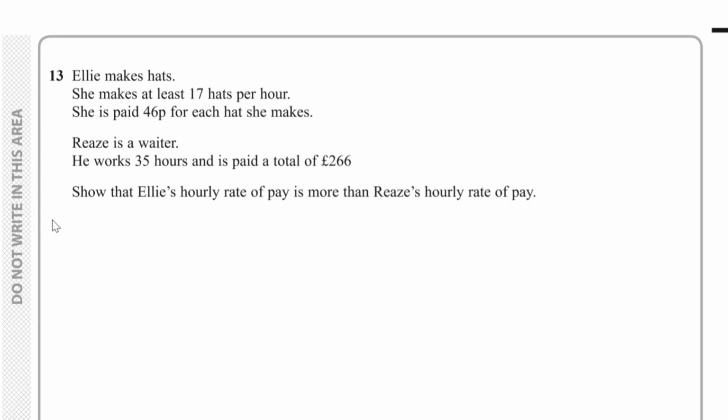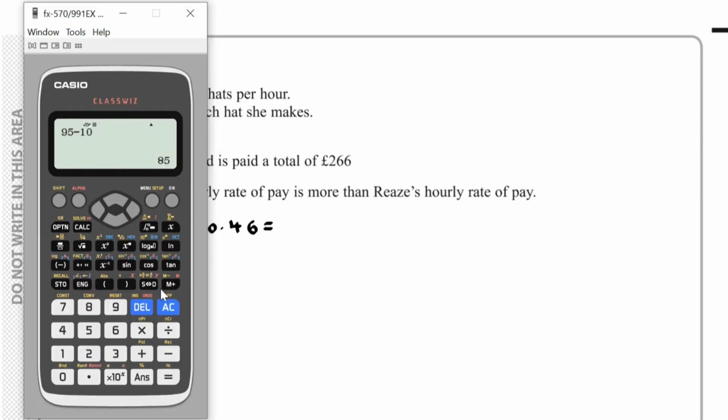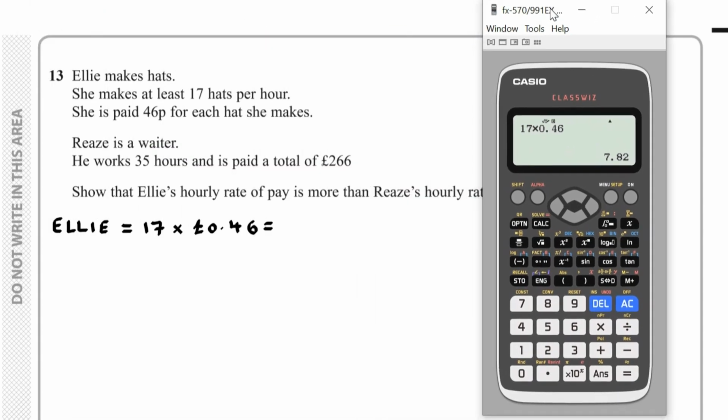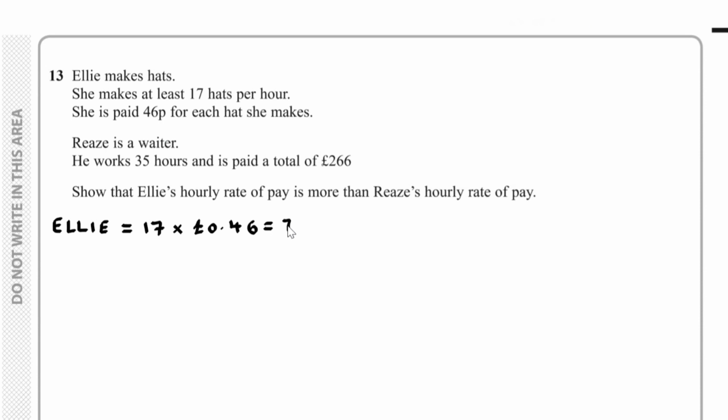Well, if we think about how much Ellie makes, then we have 17 multiplied by 0.46, which is the same as 46p. So if I work out what this is, 17 times 0.46, that's 7.82. So we have £7.82 per hour.